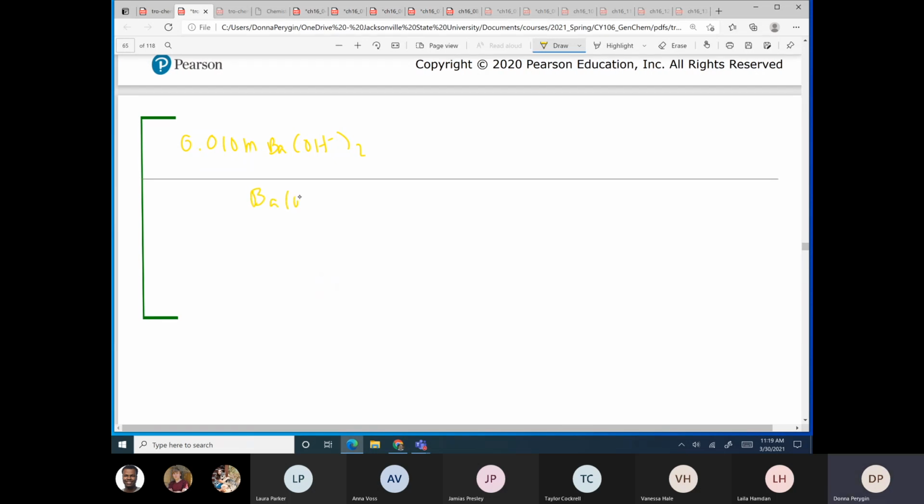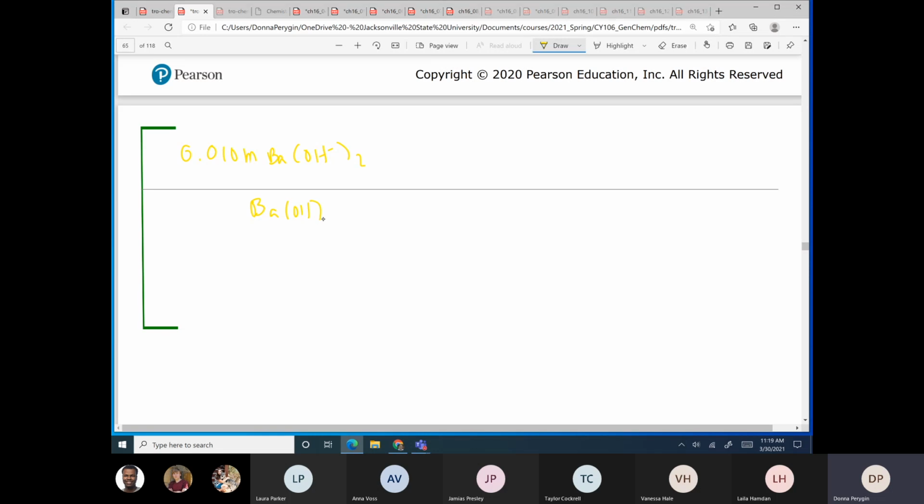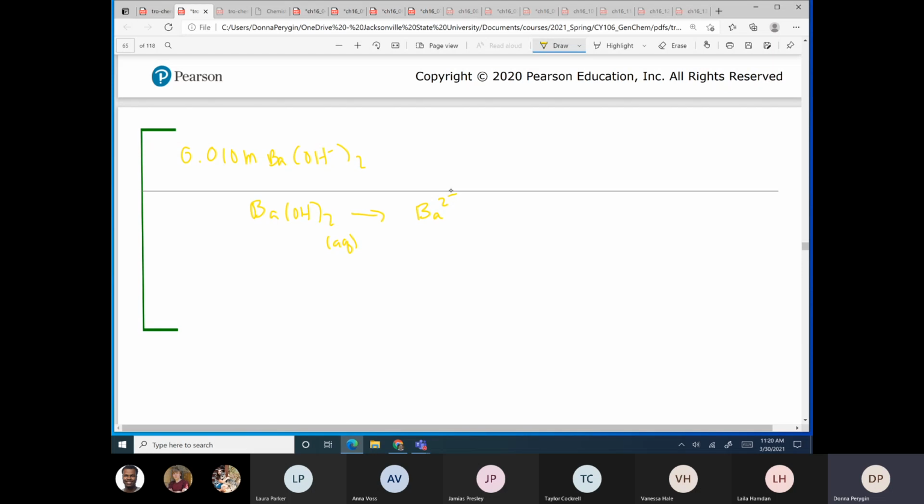So Ba(OH)2, and this is all aq, which I'm going to pretty much leave off, but I'll put it on this one, goes to Ba2+ (aq) plus 2OH- (aq).